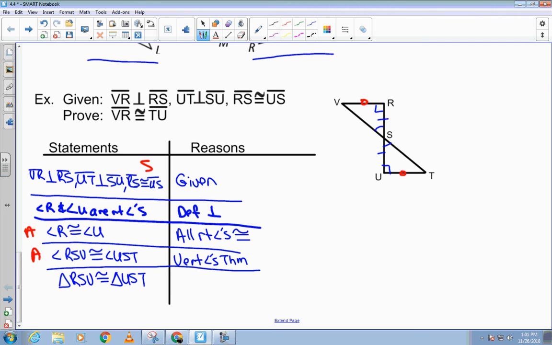UST by ASA. Okay, so the triangles are congruent. Now I can say that VR is congruent to TU by CPCTC. Corresponding parts of congruent triangles are congruent.